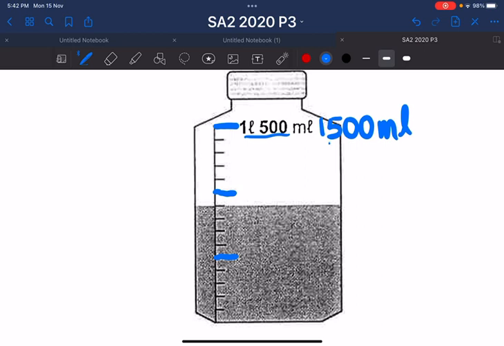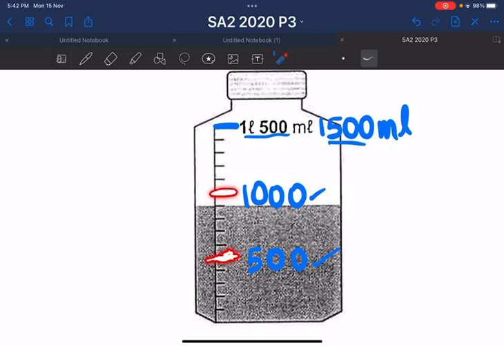Now if I do a little bit of mental sum, this will be 1000 and this will be 500. Alright, because it's in steps of the 5 times table, 5, 10, 15. Okay, so I'm doing a little bit of mental sum here. Focus your attention here. This is 1000 and this is 500.